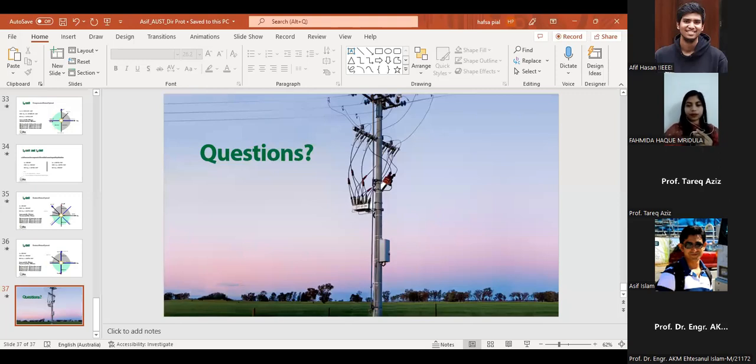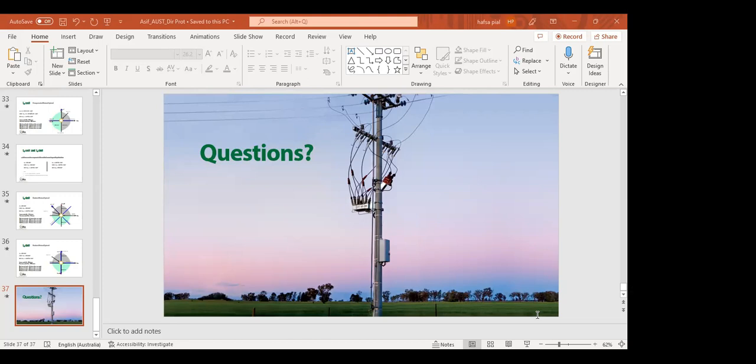So the question is: is directional protection the advanced form of overcurrent protection or overload protection? ডিরেকশনাল ওভারকারেন্ট প্রোটেকশন কি ওভারকারেন্ট প্রোটেকশনের অ্যাডভান্স ভার্সন কিনা। Exactly, that was the question.